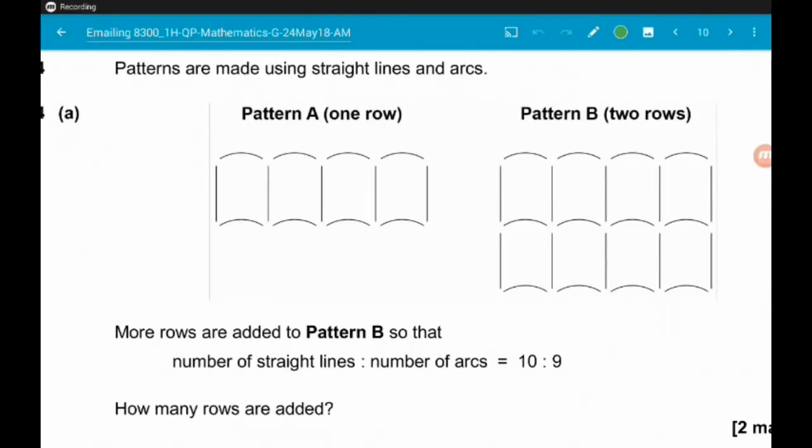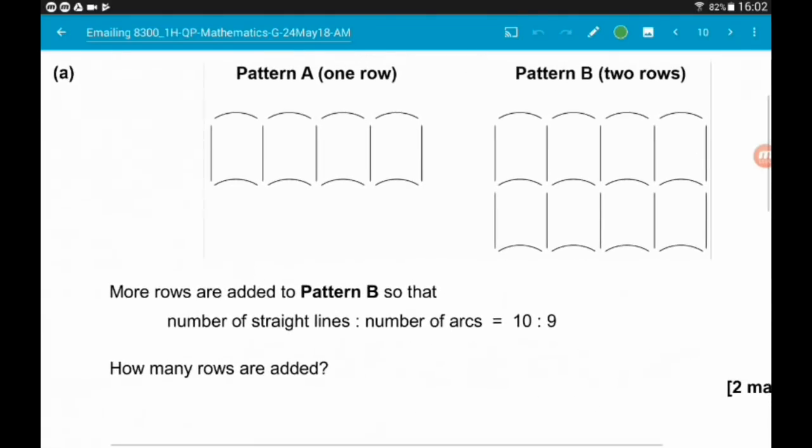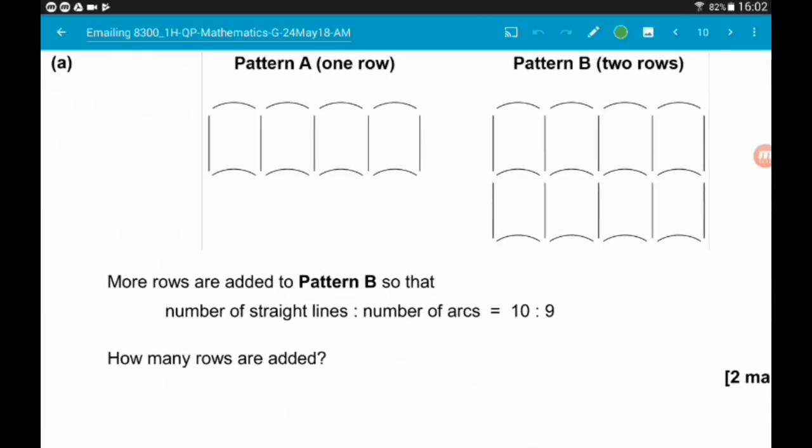Okay, question 14. Patterns are made using arcs and straight lines. So pattern A shows us 1 row, pattern B is then made up of 2 rows. We're then told more rows are added to pattern B so that the number of straight lines to the number of arcs is 10 to 9.